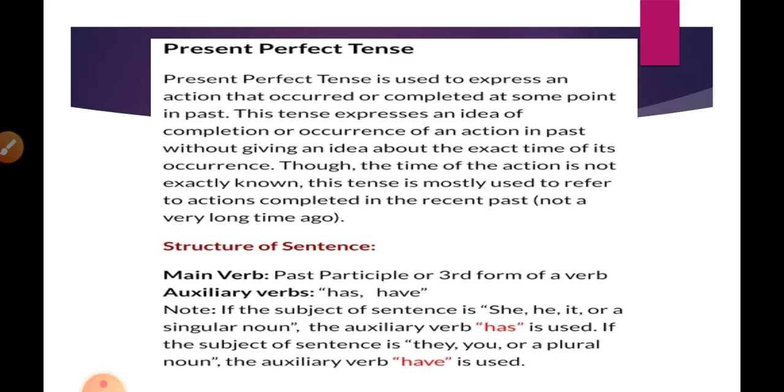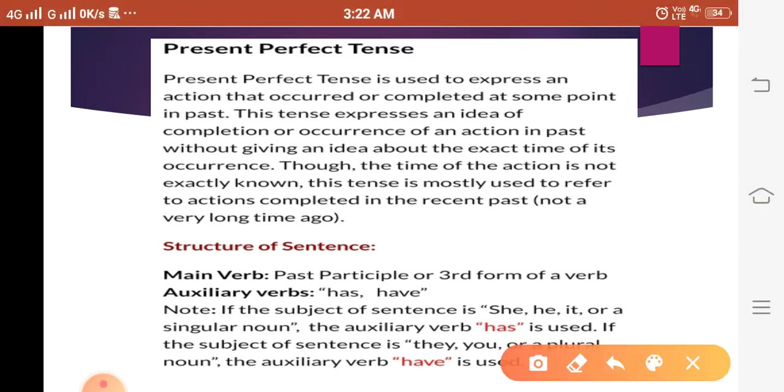Structure of the sentence. The main verb that we use while forming a sentence in present perfect tense is the past participle form of the verb, which is also called the third form of the verb. Now, what are the auxiliary verbs used in present perfect tense? Has or have. The use of has or have depends on the subject.